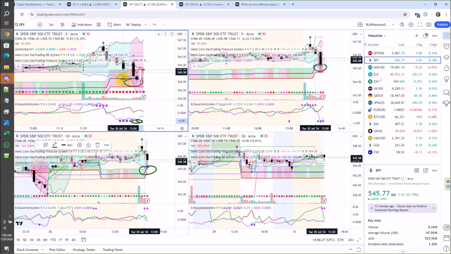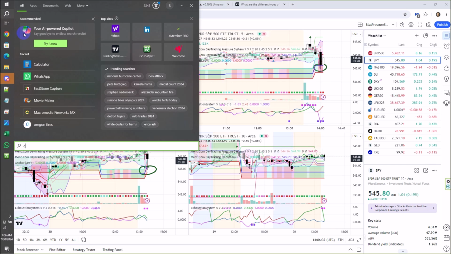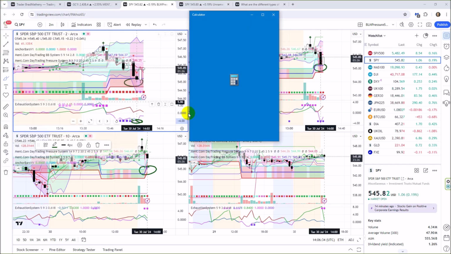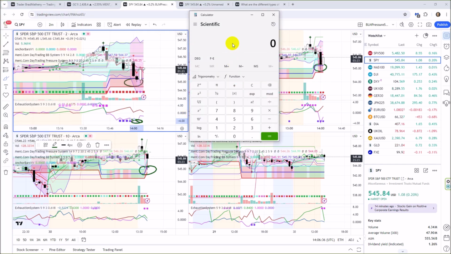So they're just opposite of one another. And again, if you don't understand Fibonacci, 1 minus 0.382 is almost 618. It's close, off by just a little bit.